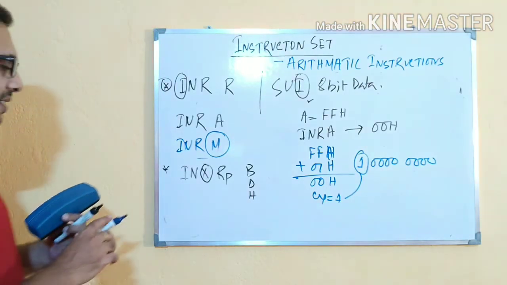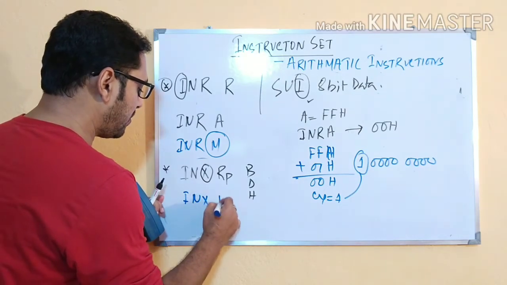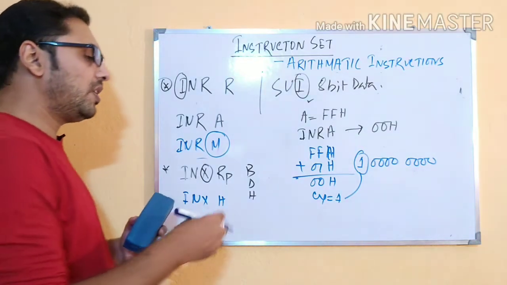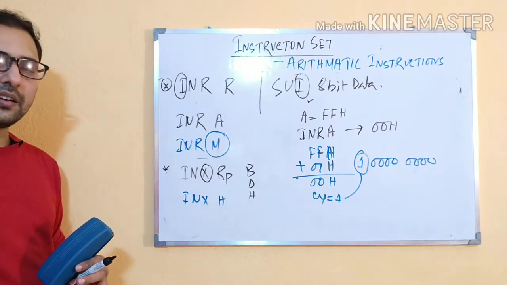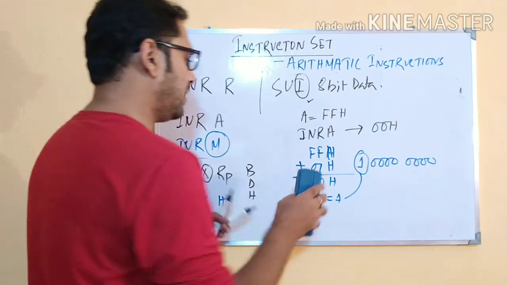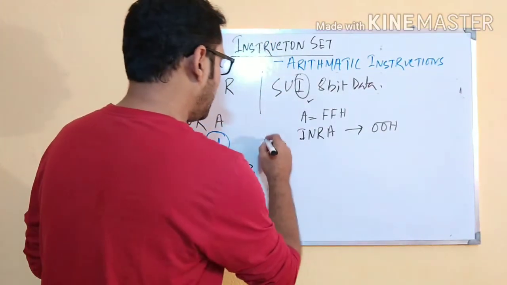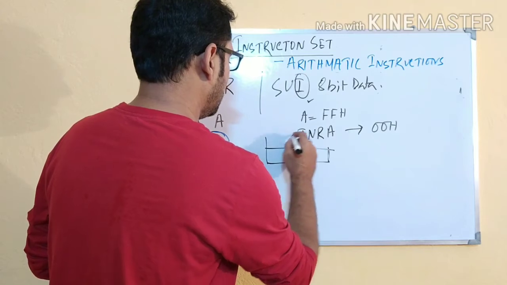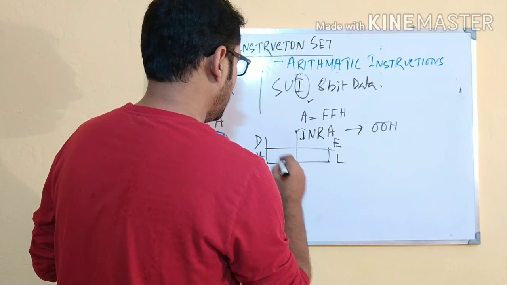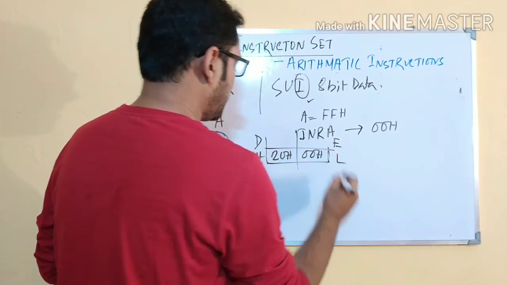So the typical example can be like this one, INX H, suppose. That means the content of HL register pair will be incremented by 1. So take an example here. Suppose from the programming model, this is D, this is E, this is H, and this is L. H contains 20 hex, L contains maybe 00 hex.